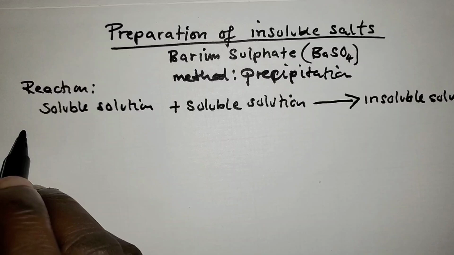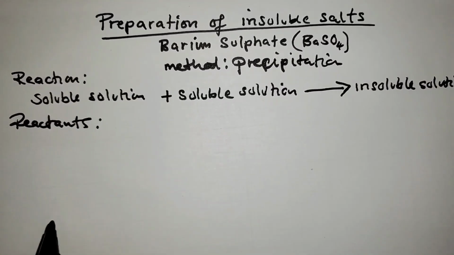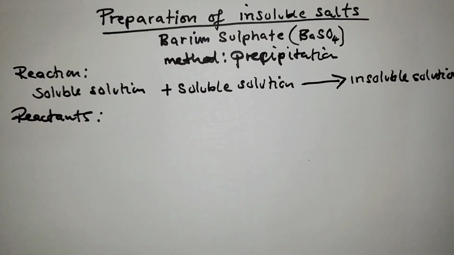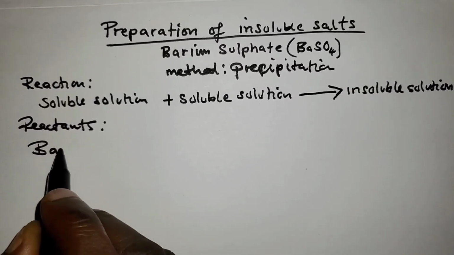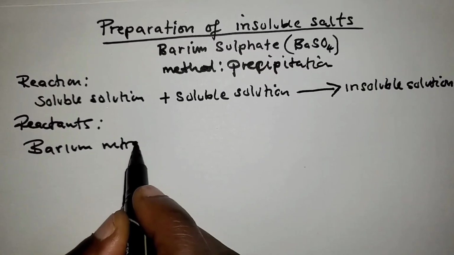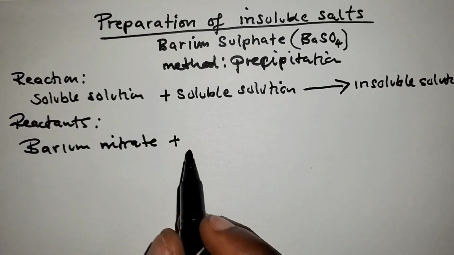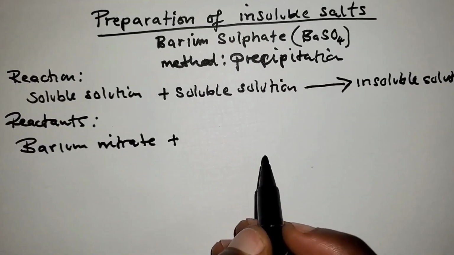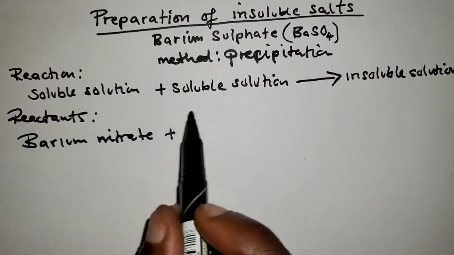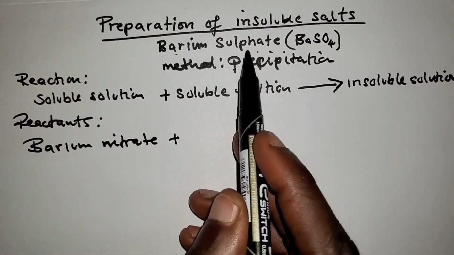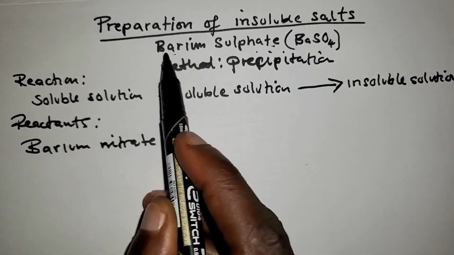So when it comes to reactants in preparation of barium sulfate, we need to have a nitrate. So we have barium nitrate, and a soluble solution, usually sodium sulfate, because remember we have barium sulfate, so one of the reactants should have a sulfate, and the other one should have a barium.